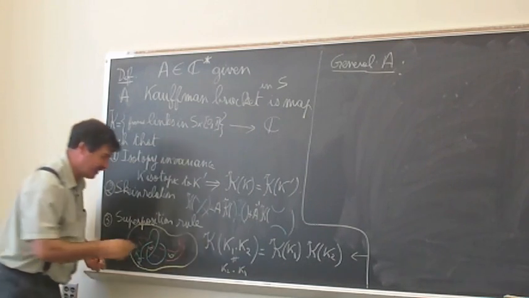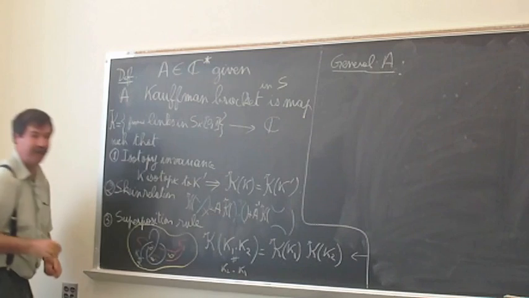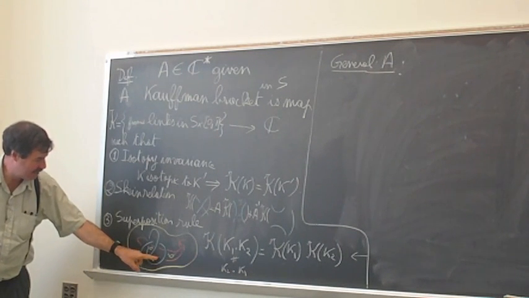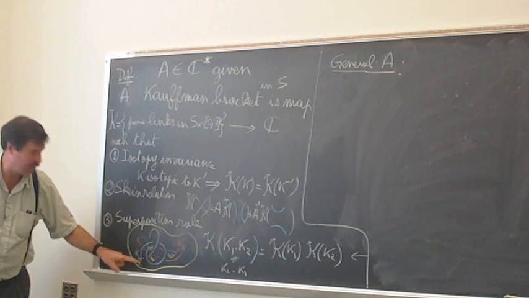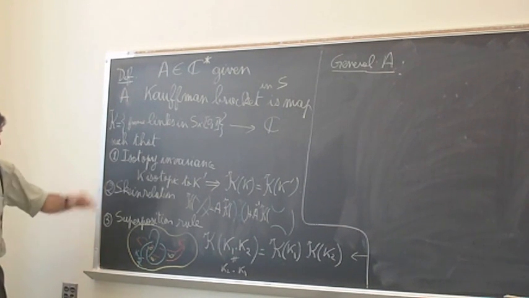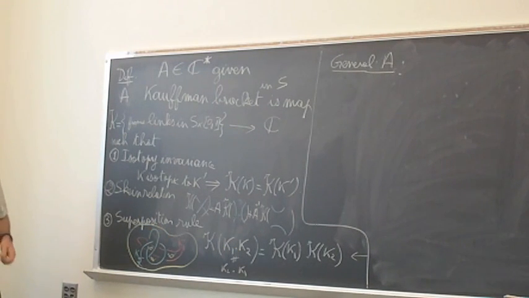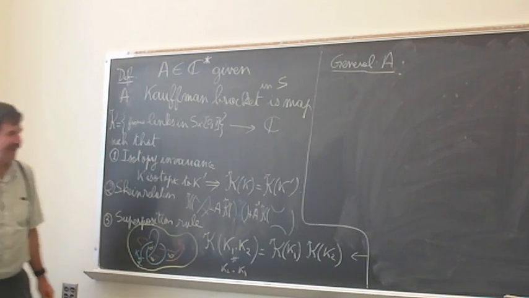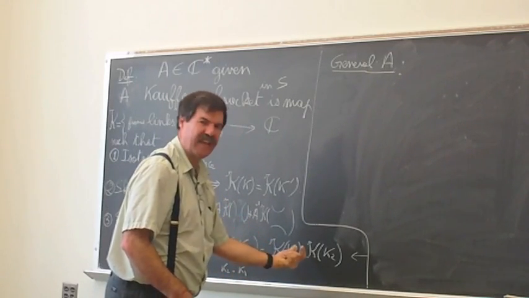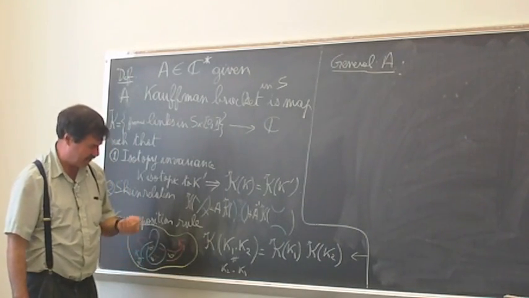Sure enough, in this case I can move one to the other, but if I put one more pole, there is no obvious way of moving the red string on top of the blue string. Yeah? So in general, this multiplication is non-commutative. On the other hand, C is commutative, so these two should be the same. So it doesn't look like it's going to be very exciting.